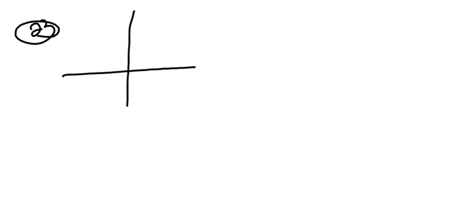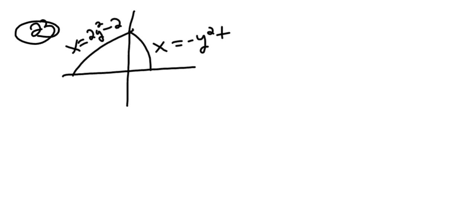We're going to do number 23. We're given a picture, and it tells us that this function is x equals 2y squared minus 2, and this one is x equals negative y squared plus 1.